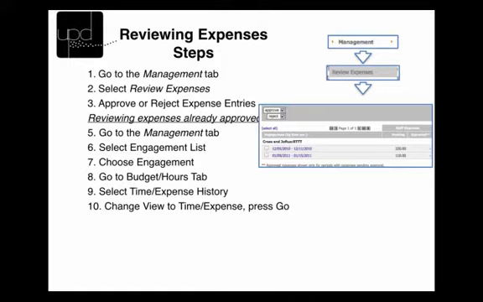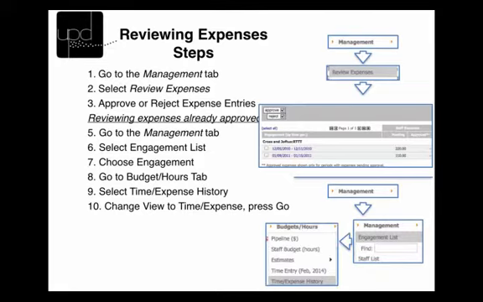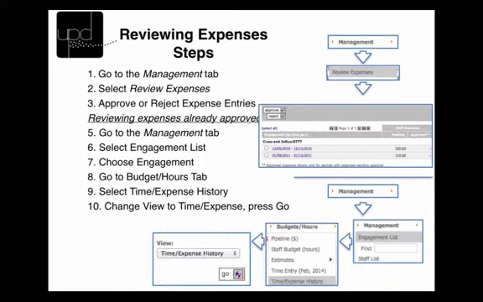And if you're reviewing expenses already approved, you go to the Management tab, select Engagement List. You choose the engagement that you want to review expense entries for. Then within that menu, you go to the Budget Hours tab, select Time and Expense History.